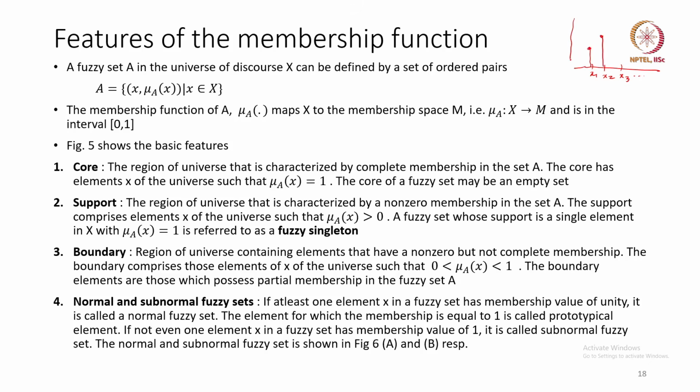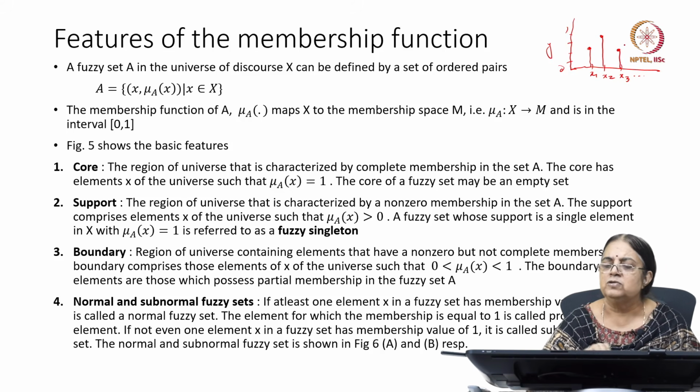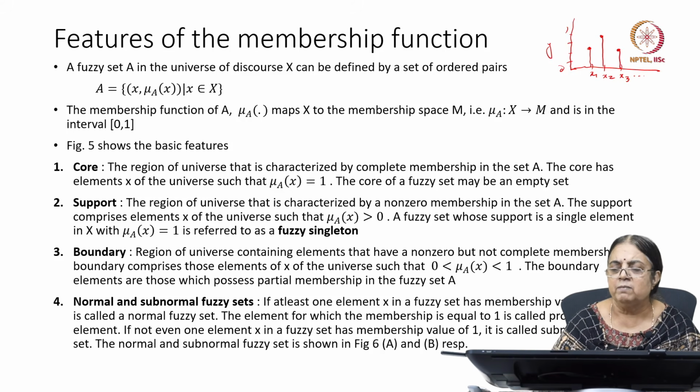Your y-axis gives you the membership value, which is between 0 and 1. x3 has some value, etc. So it could be discrete in this way, but you could also have a continuous mapping.